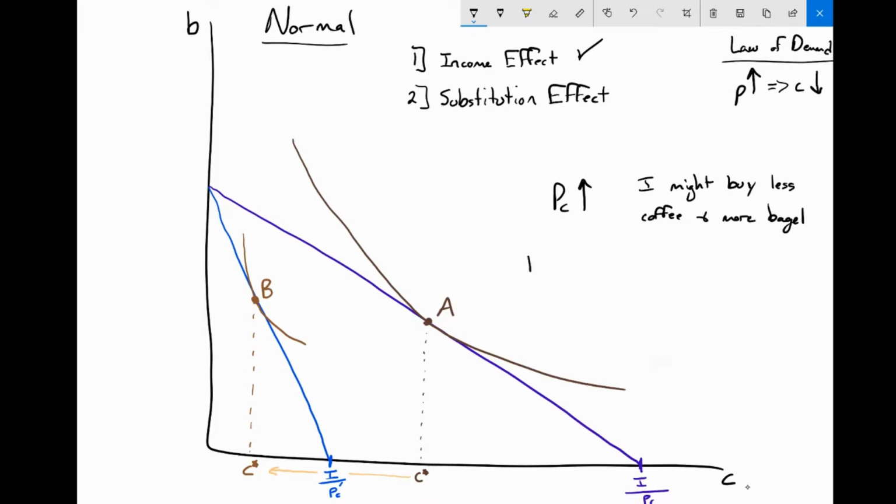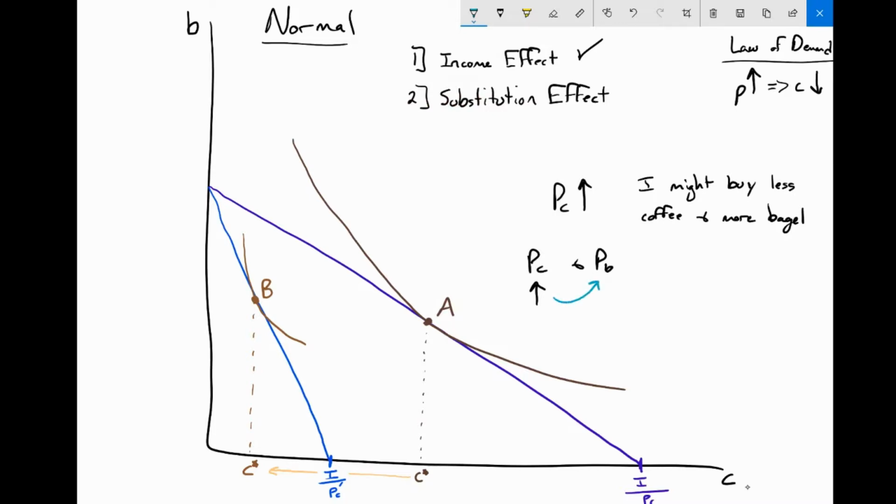So we started off with the price of coffee and the price of bagels, but now the price of coffee has gone up. Now coffee is relatively more expensive than it used to be, and so that might incline me towards favoring bagels.